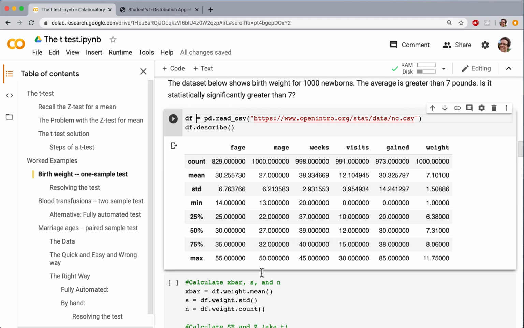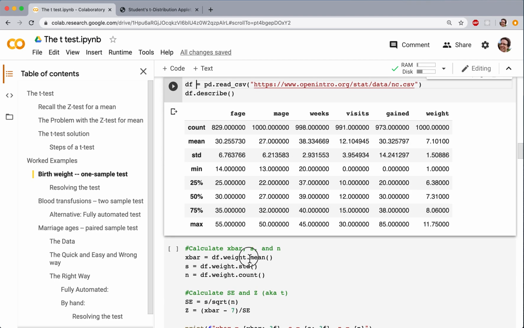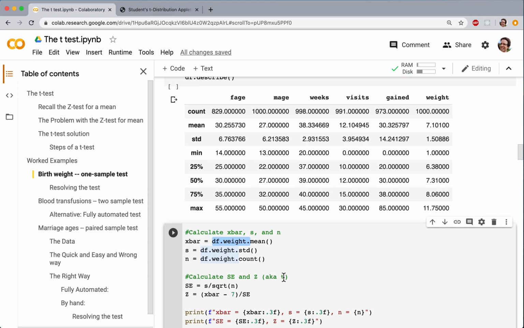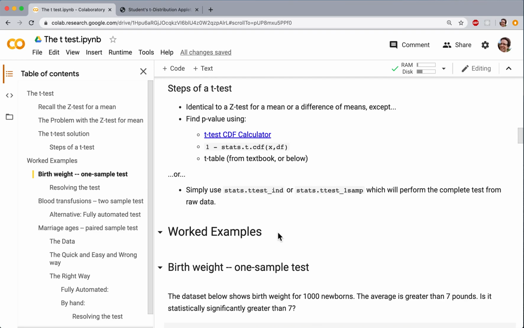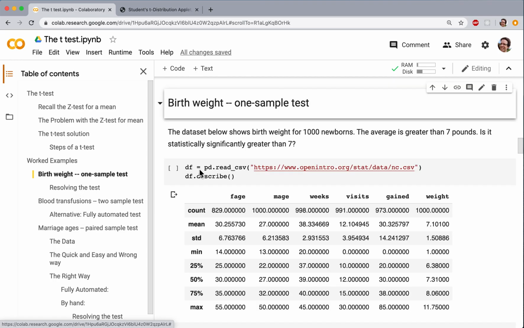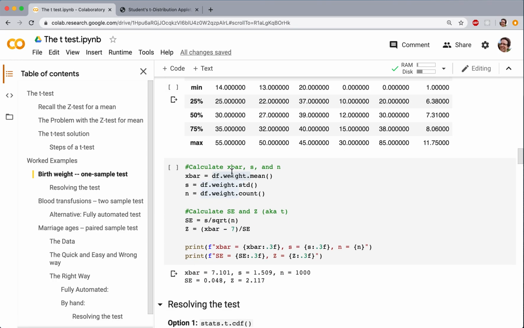So we're going to take the weight series particularly, and ask for its mean and its standard deviation and its count. And we're going to assign those to variable names x bar, s, and n, which are the calculations described up here. We need n, we need x bar, and we need s. So that's the basic descriptive statistics that we need on our data set in order to get started.